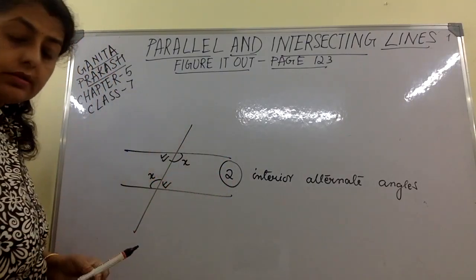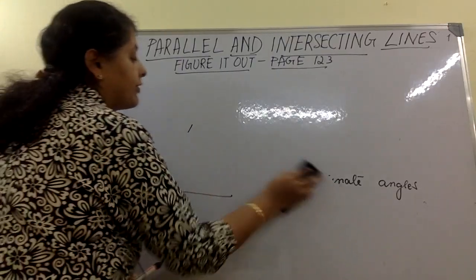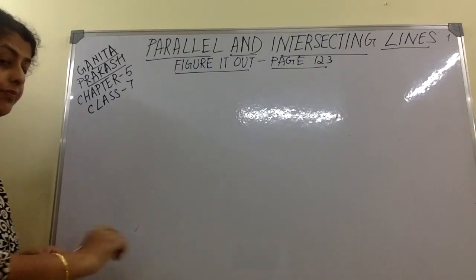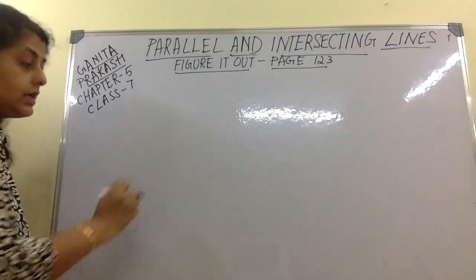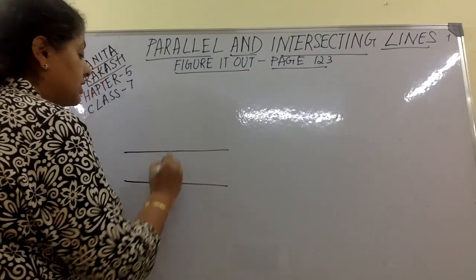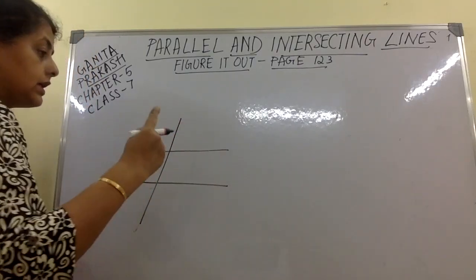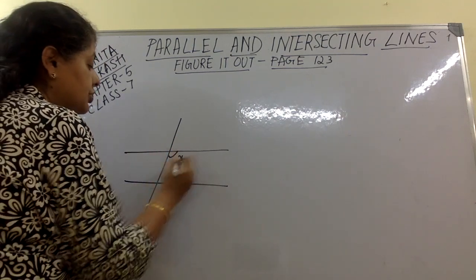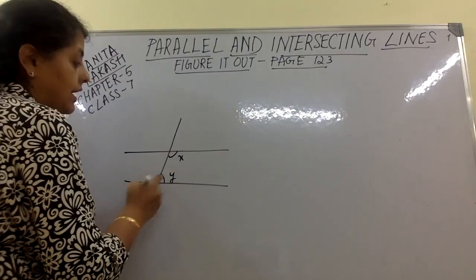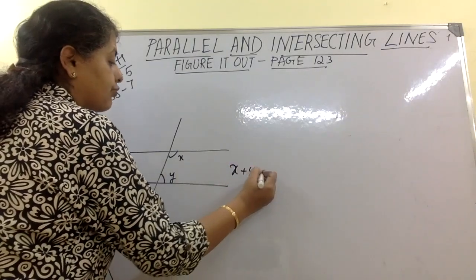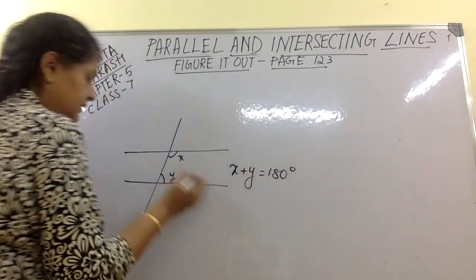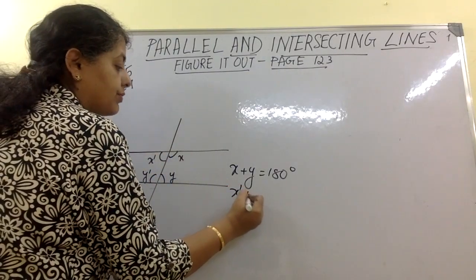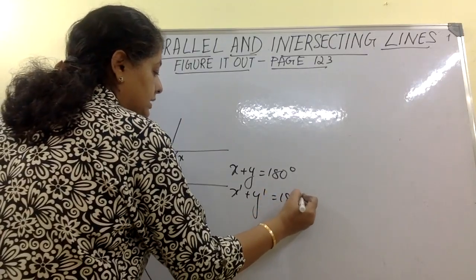Now the third type of angle which we need to talk about. This is not equal, please don't take it as equal. Corresponding was equal, alternate was equal, but for this position and this position, these two angles, x plus y is always 180. If this is x dash and here is y dash, then x dash plus y dash is also 180.